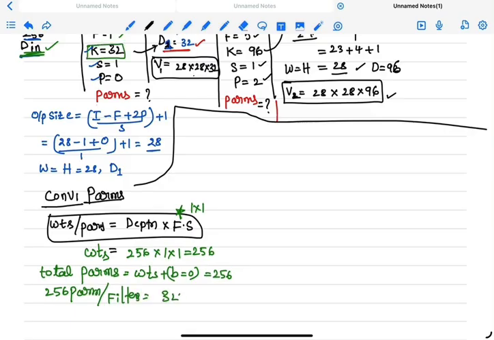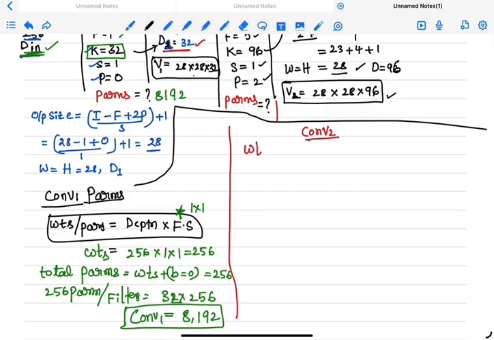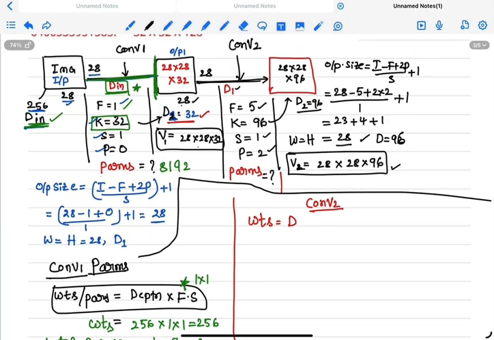So 32 times 256. This is the number of parameters in convolution layer 1. So here the value is 8192. For convolution layer 2, weights equal depth. Here the depth is the previous depth, right? The value up to this layer, d1, times filter size. So d1, the depth, is 32, times filter size 5. Remember 5 cross 5, not only 5.